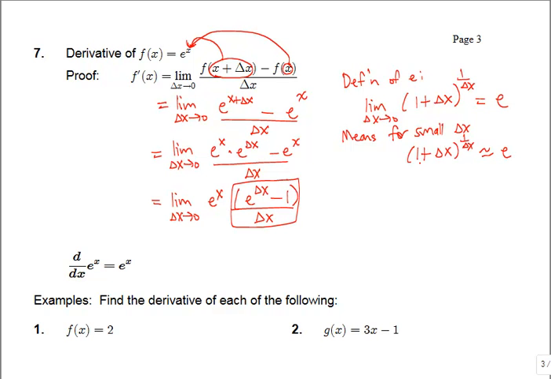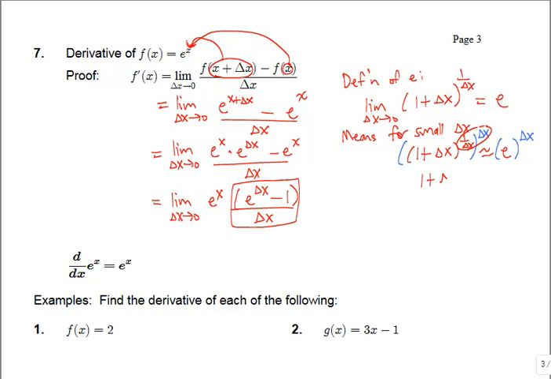Okay, so what I'm going to do is a little bit of algebra on this semi-equation right here. We're going to raise both sides of this equation to the delta x power. Since this is a power to a power, you multiply these two exponents together, and they cancel out to a 1.